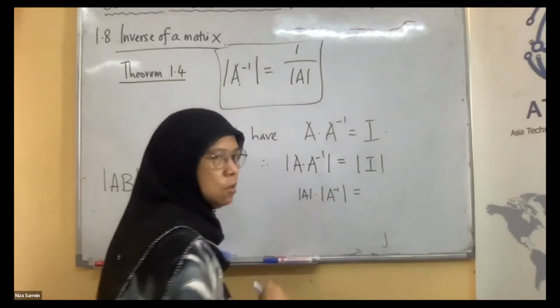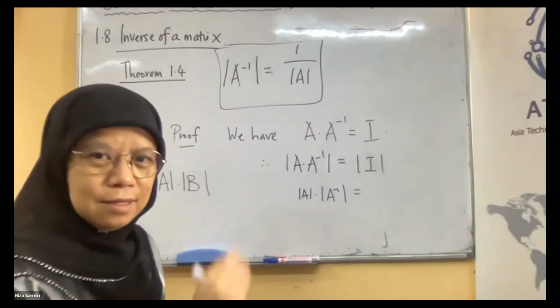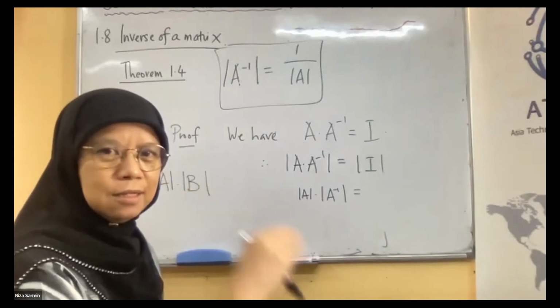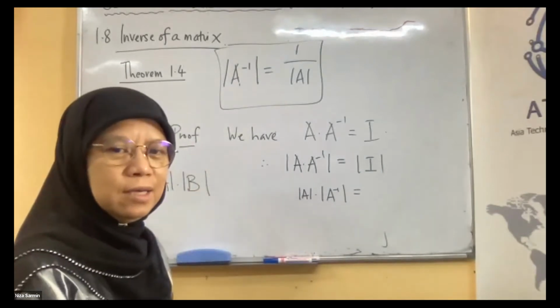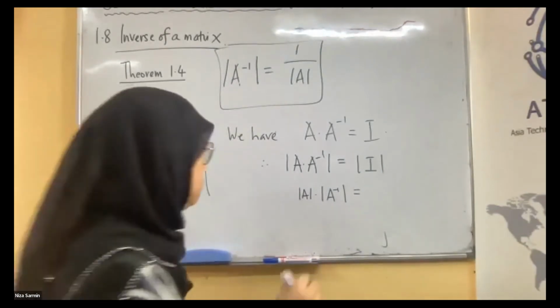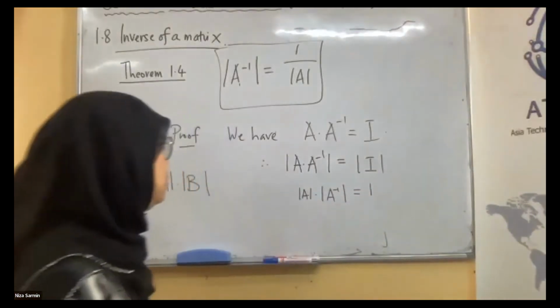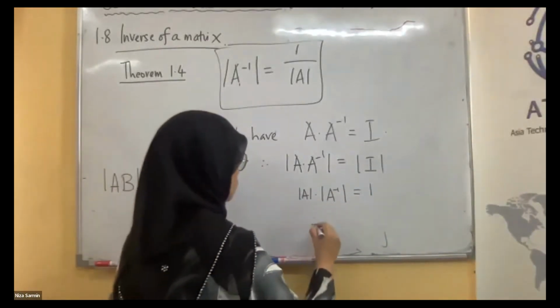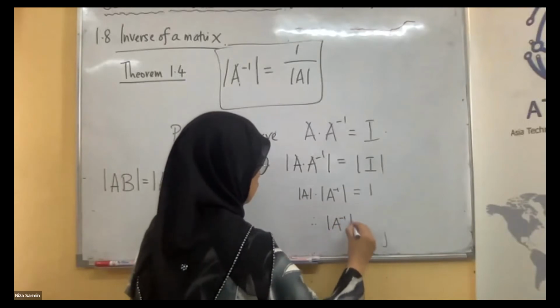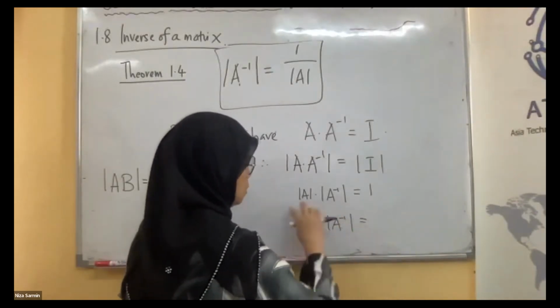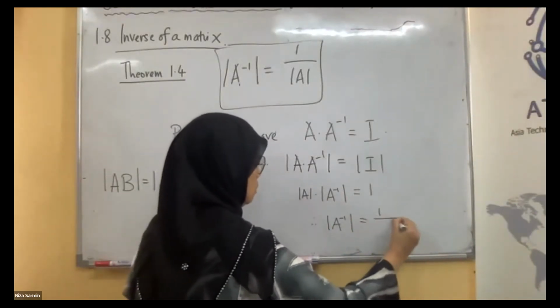What's the determinant of I? It's diagonal, so the determinant of I is 1. So the determinant of A inverse is now just a number, we divide.